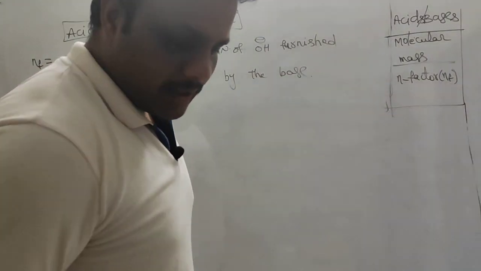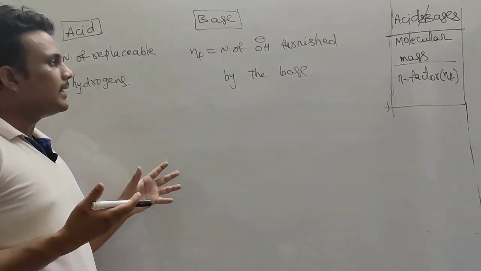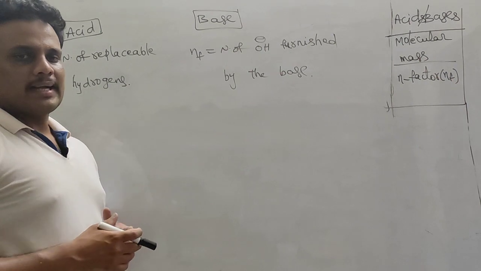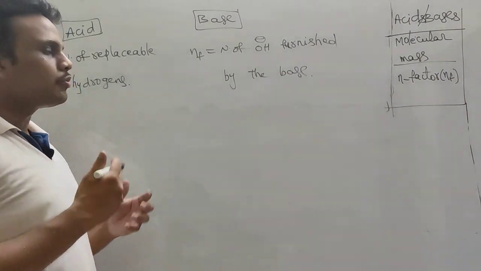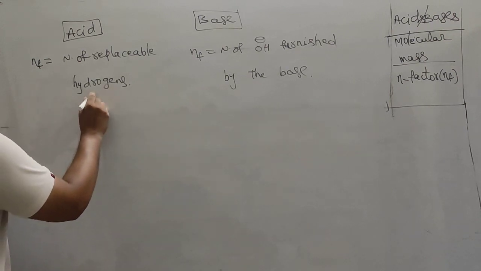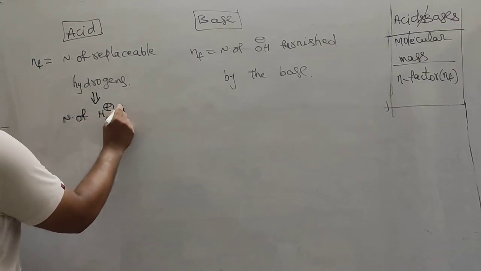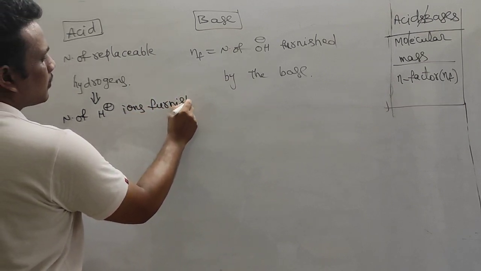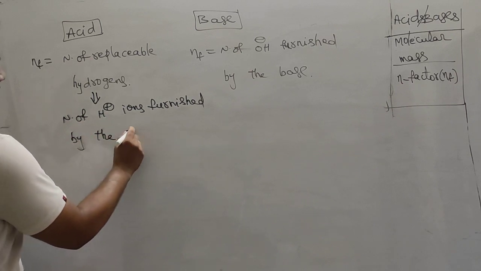So what is this replaceable hydrogen, sir? When we are given any acid, how do we identify whether it has 2 replaceable hydrogens or 1? It is actually the number of H plus ions furnished by the given acid.